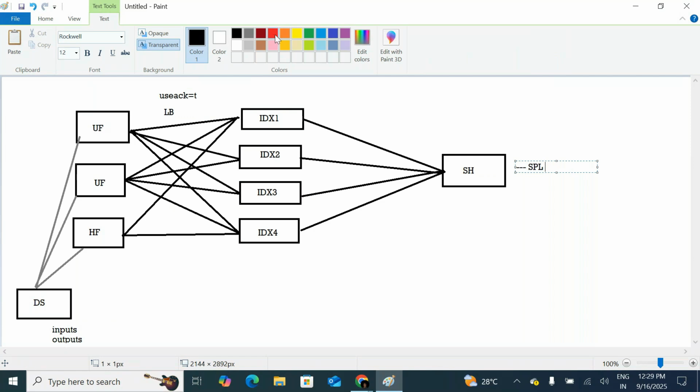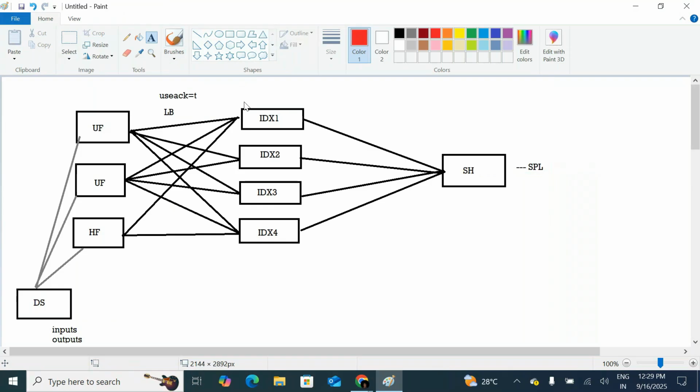Suppose indexer 1 fails. Indexer 1 got failed. In that case, you are searching for the last 4 hours. Is it possible to search 100% data? No. Why?